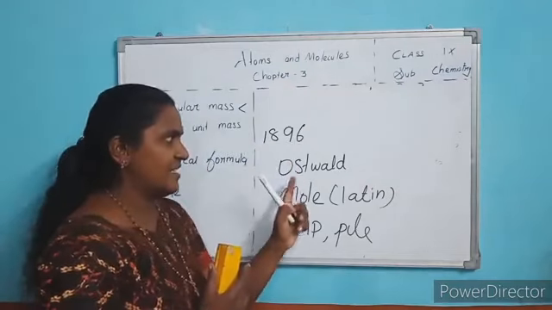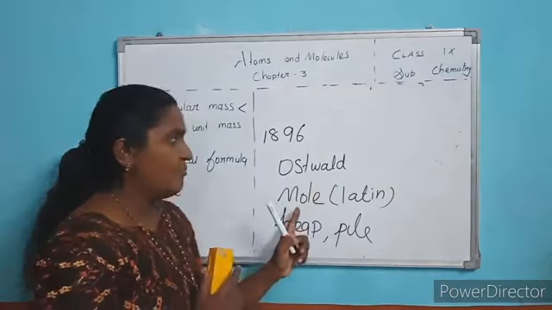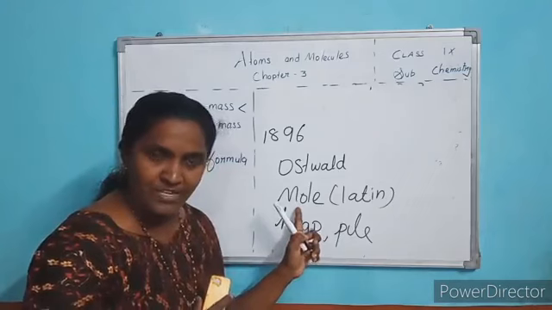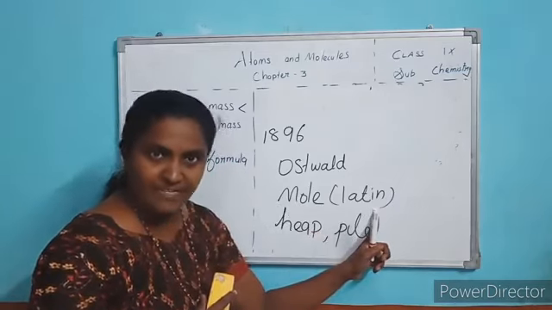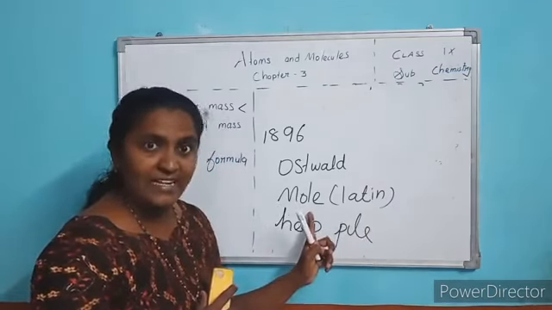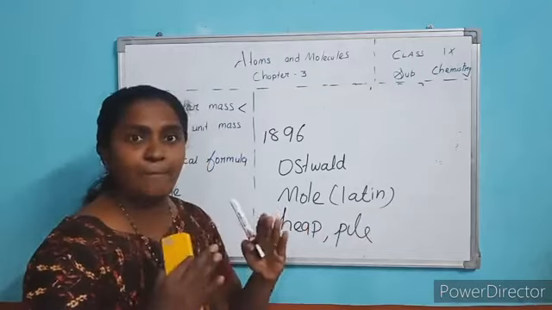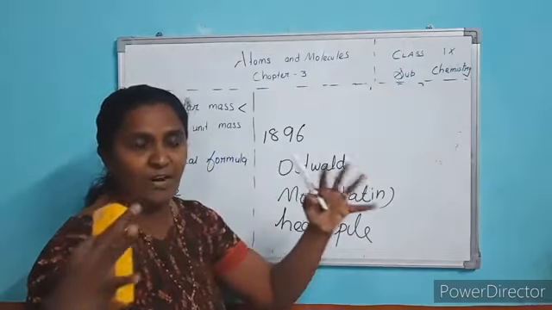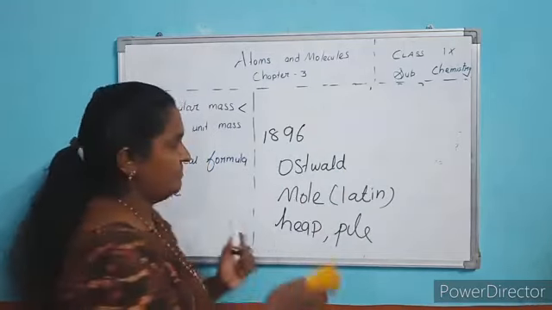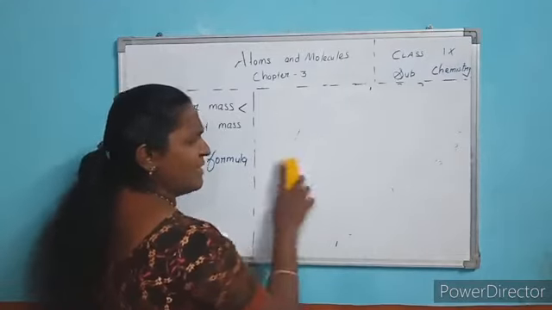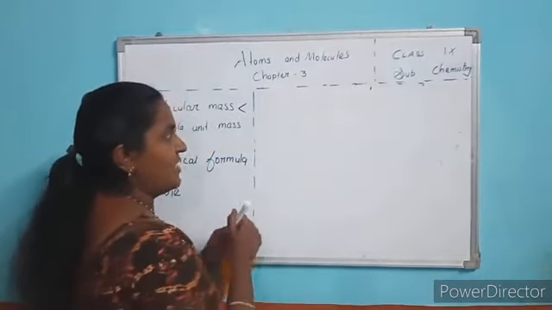In 1896, Wilhelm Ostwald put forward the word mole. This mole is derived from Latin. Meaning is heap or pile. Pile means group of substance. It is nothing but only a number. You know dozen.